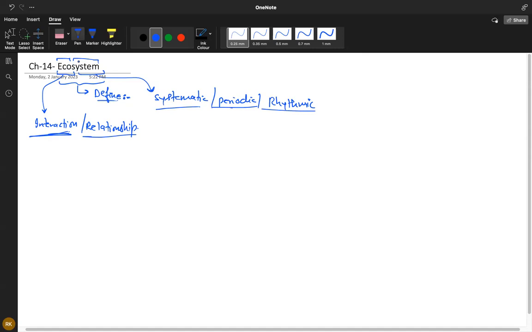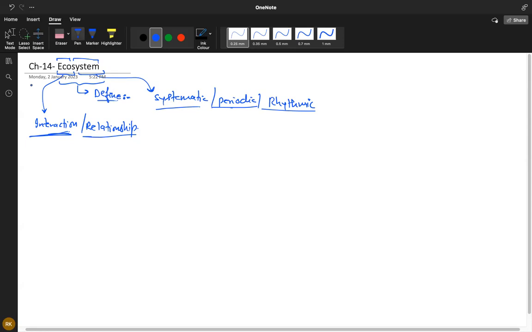Now that's the definition. But coming to the fundamental question, where can I find an ecosystem? You can literally find it everywhere. Everywhere where there is a biotic component interacting with abiotic components, you find an ecosystem. But since we cannot study each and every ecosystem in detail, we divide ecosystems into various types.